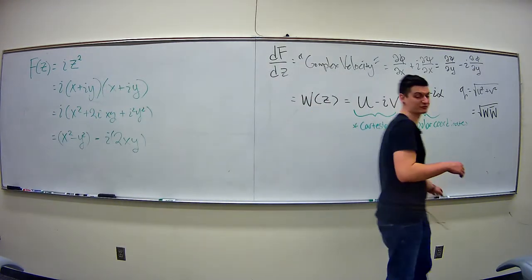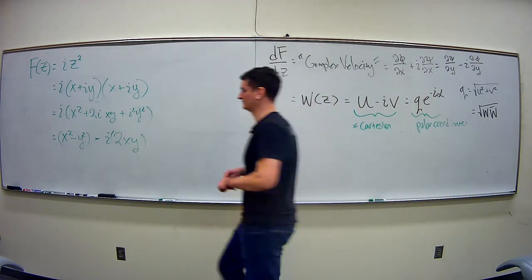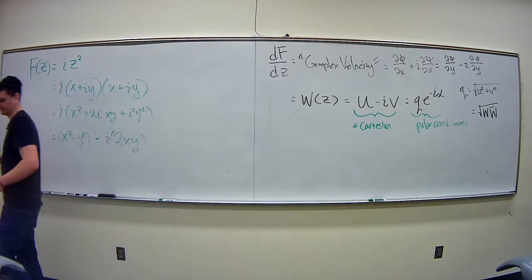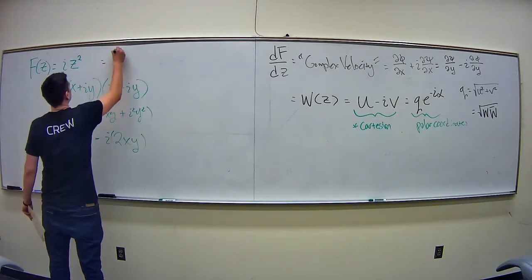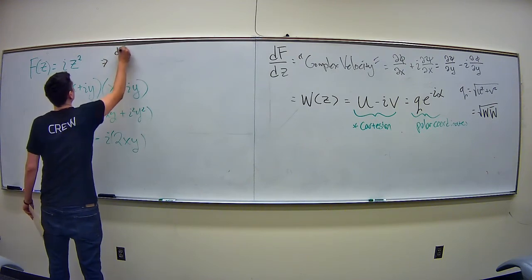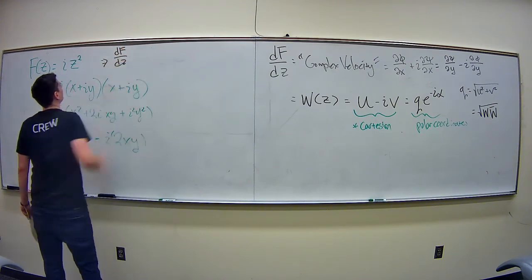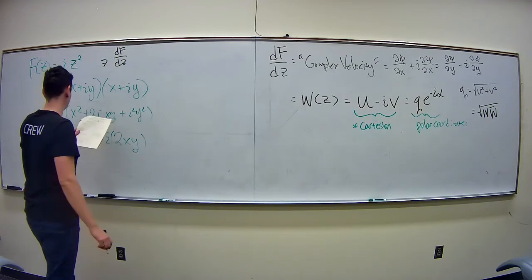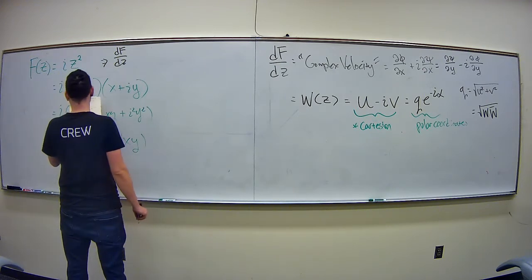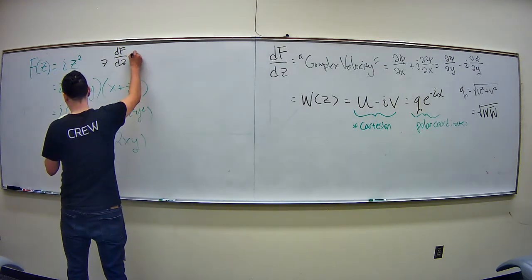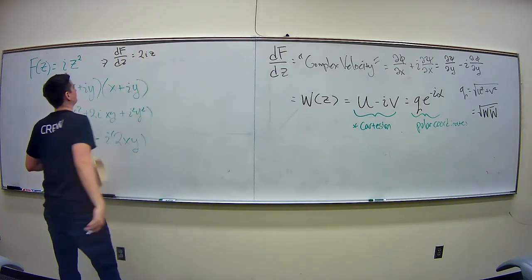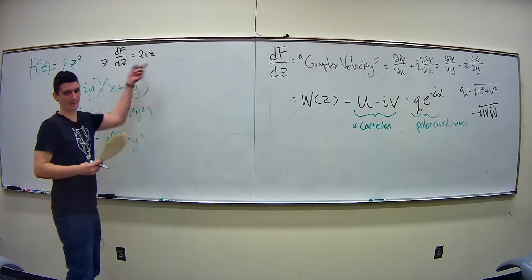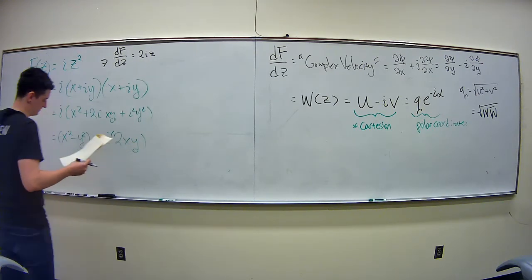Your velocity potential and your stream function will come from this. More importantly as well, this is what we care about, the df dz. What do you get when you get df dz? Well, everything works the same. Just get 2iz. That still works the same way, by the way, if it's analytic.